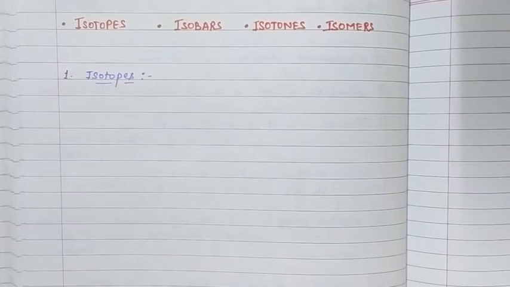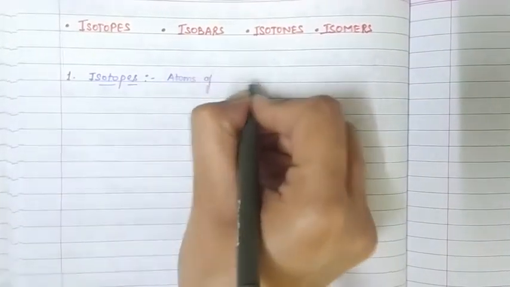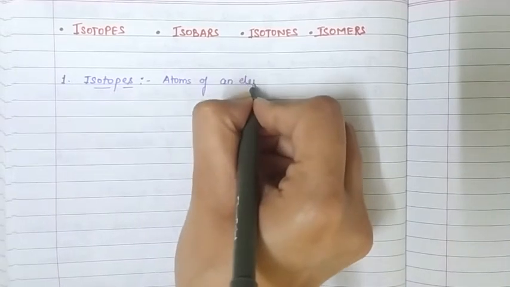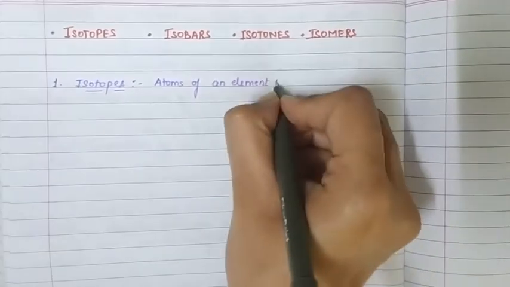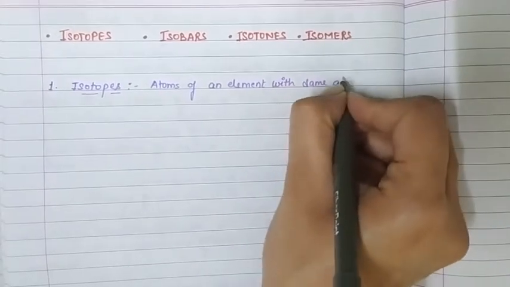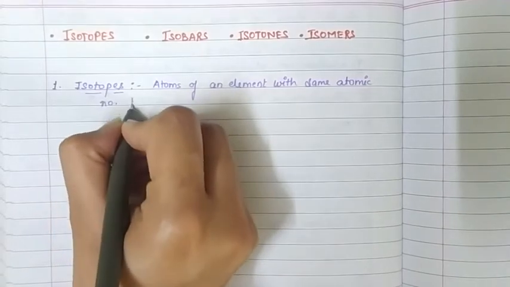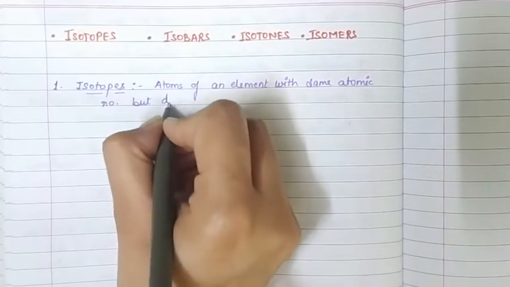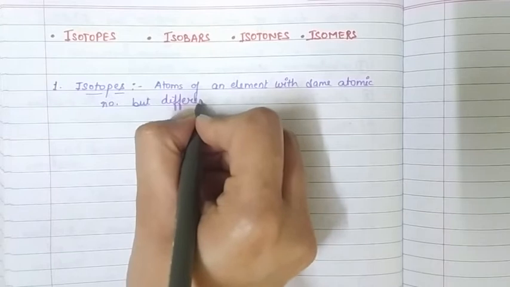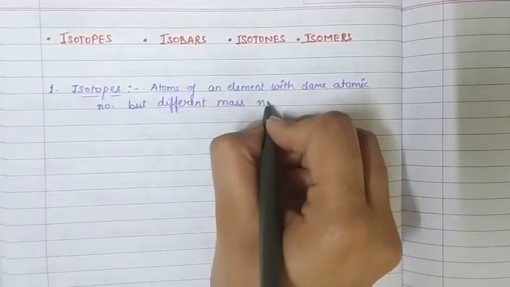So isotopes are the atoms of an element with the same atomic number but different mass number. Such atoms are called isotopes.